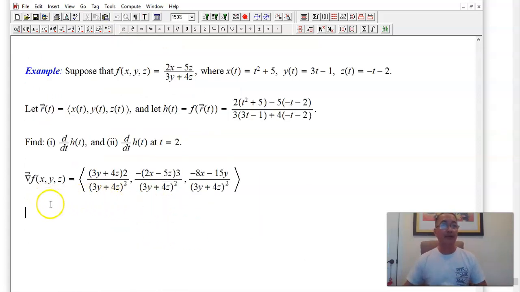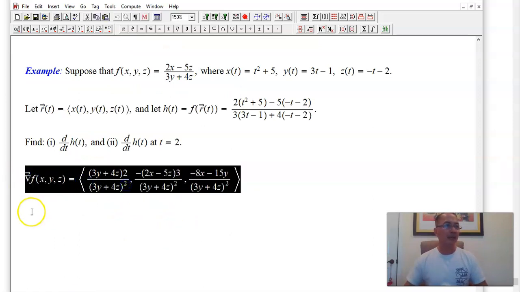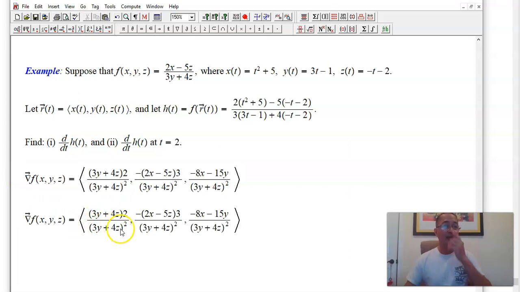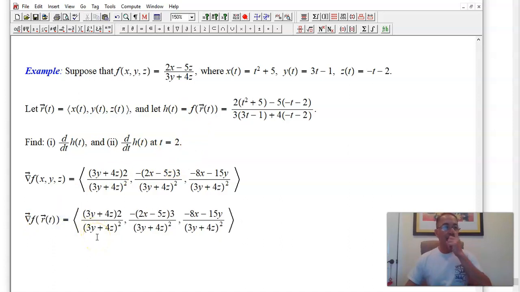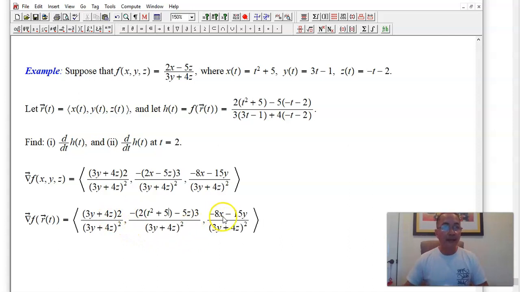I paused the video so that I could do a little cleanup. It's kind of like erasing the blackboards, except it's a lot faster. So now we're going to plug r of t into our gradient vector. That means replace x everywhere with t squared plus 5. So x is over here and over here.